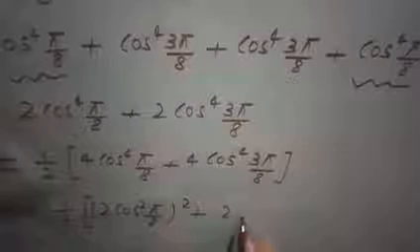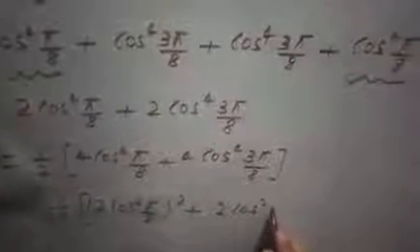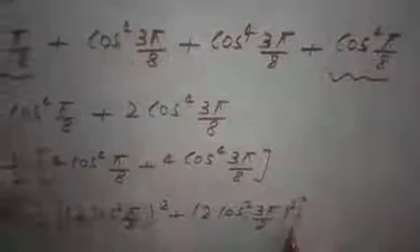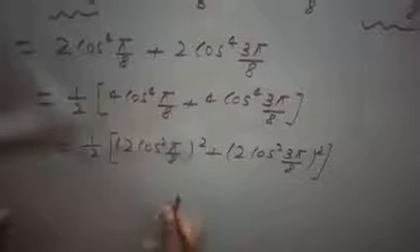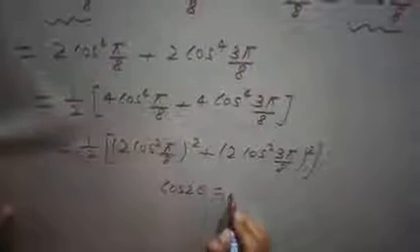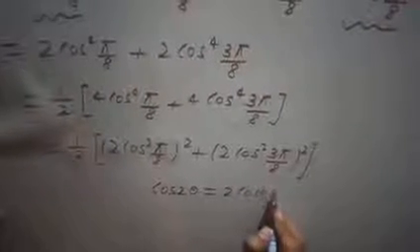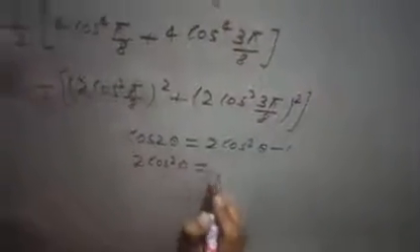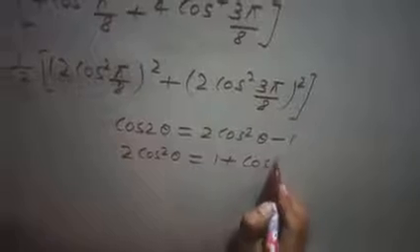Similarly, 2 cos square 3 pi by 8 whole square. Now we know that 2 cos square theta can be written as 1 plus cos 2 theta. See here, if you are having a problem, as we know, cos 2 theta is equal to 2 cos square theta minus 1. So 2 cos square theta can be written as 1 plus cos 2 theta.